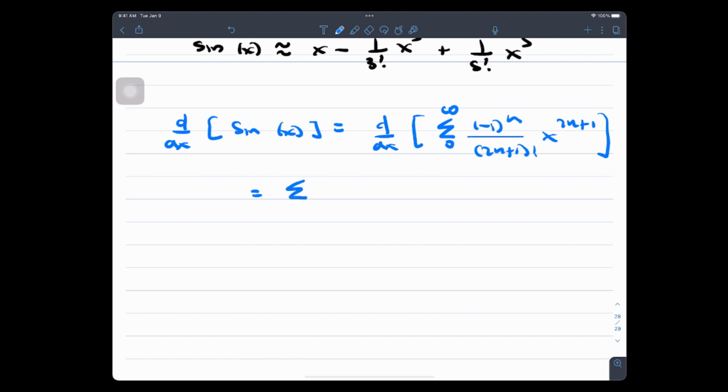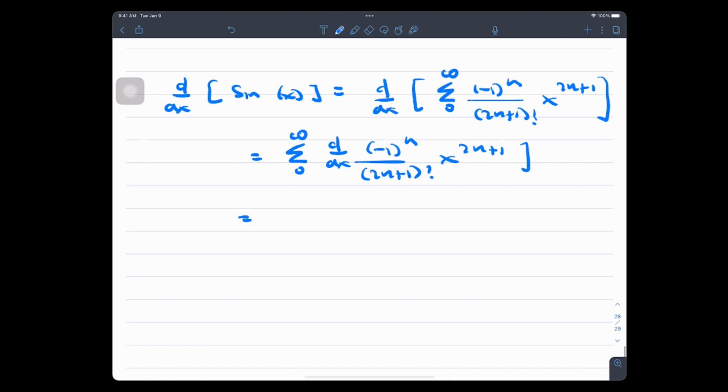And again, the derivative of a sum is the sum of derivatives. And then we can simply pull out our constants here. Okay, and then I get to differentiate a nice polynomial.